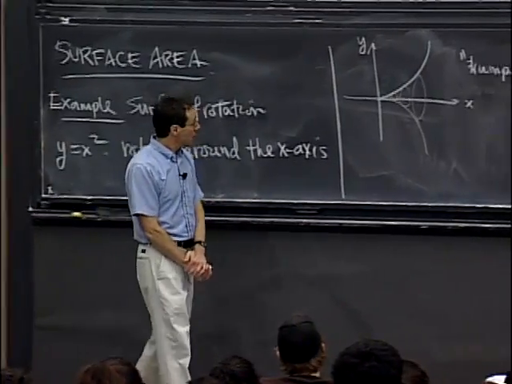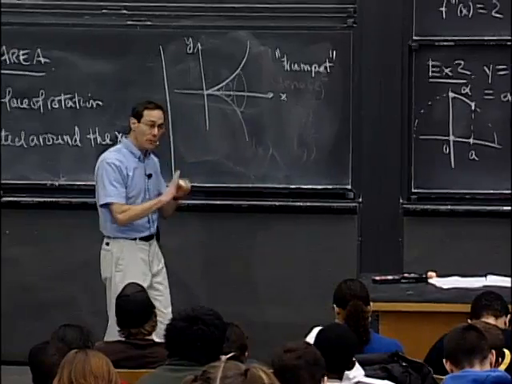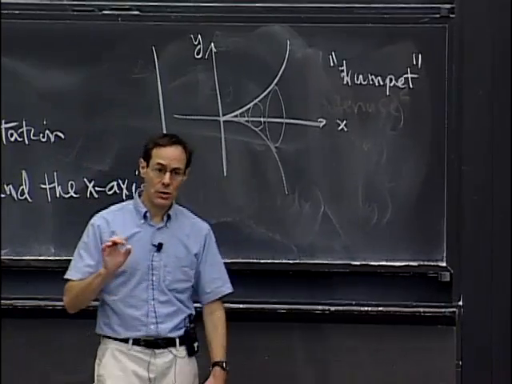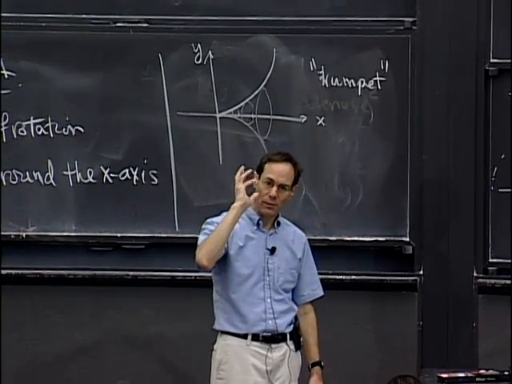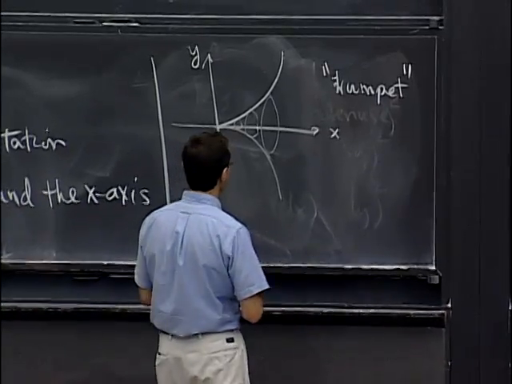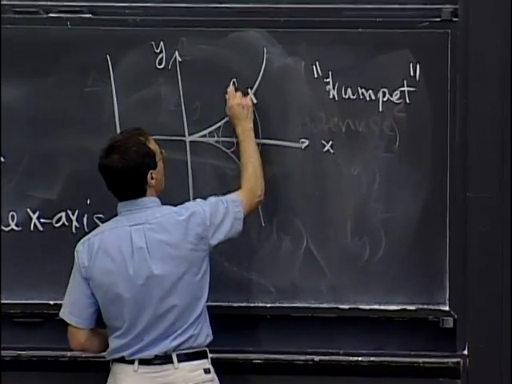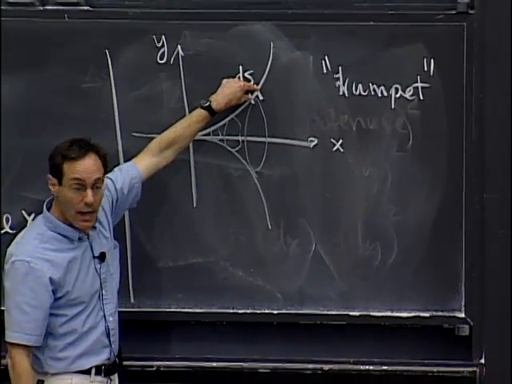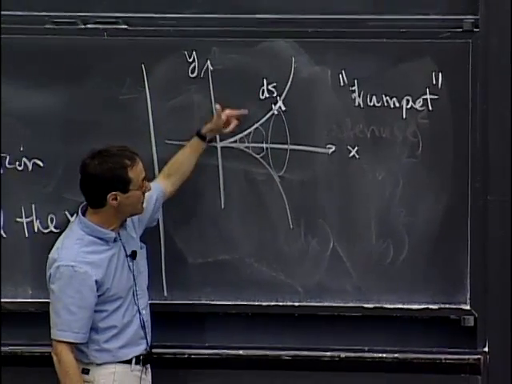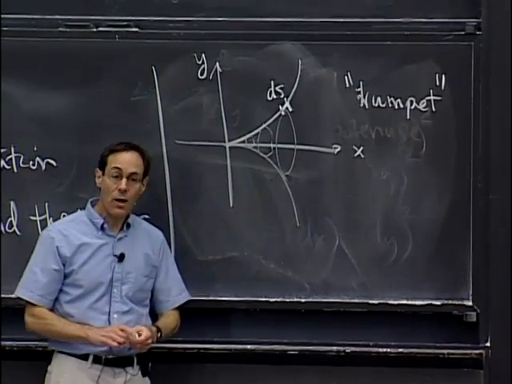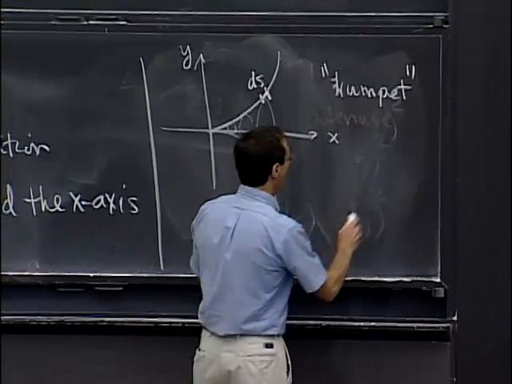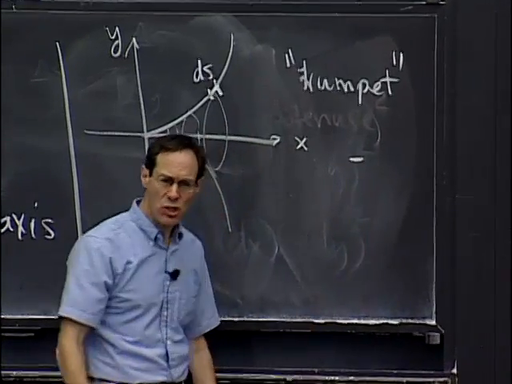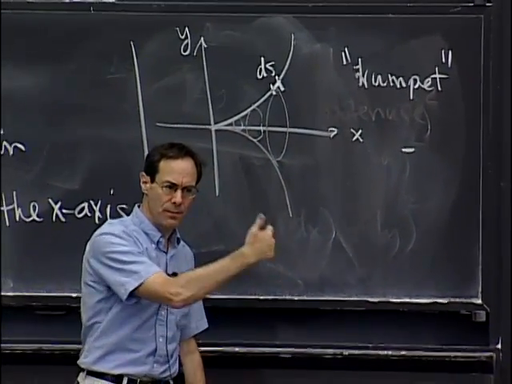Now, the principle for figuring out what the formula for area is not that different from what we did for surfaces of revolution, but it just requires a little bit of thought and imagination. We have a little chunk of arc length along here, and we're going to spin that around this axis. Now, if this were a horizontal piece of arc length, then it would spin around just like a shell. It would just be a surface, all right?